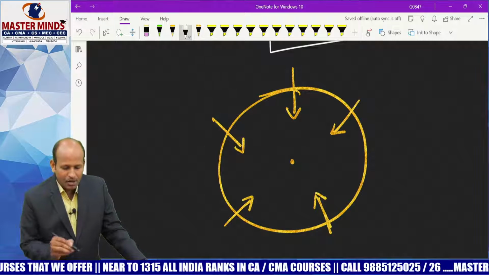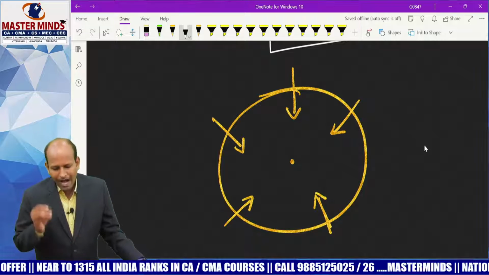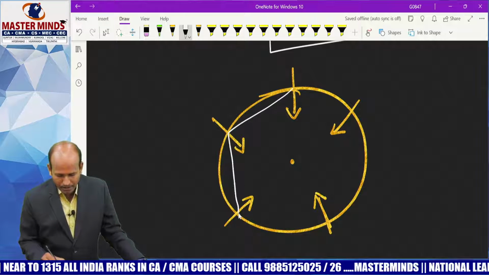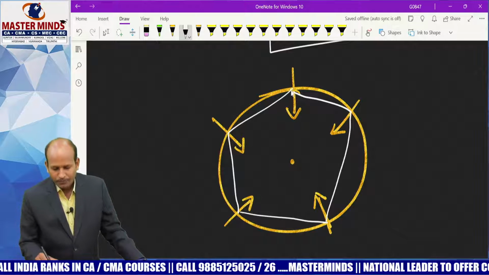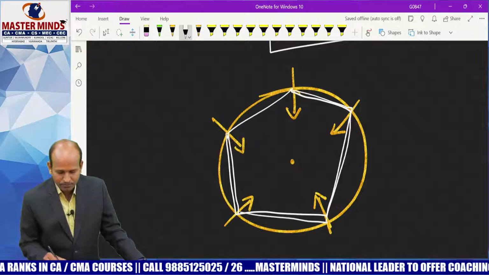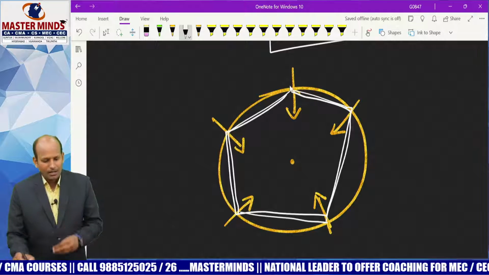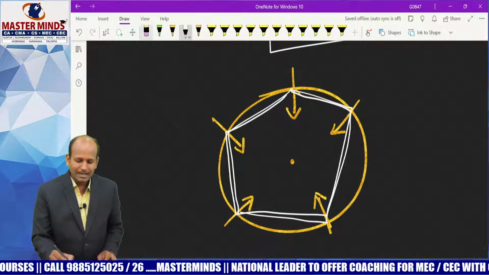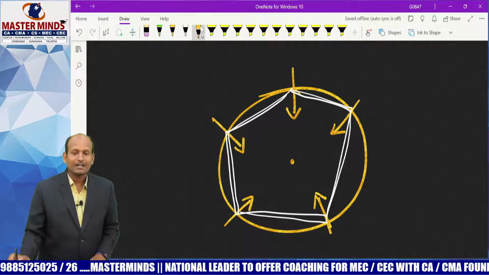So the diagram is not important. Even all these polygons you can represent with a circle. Otherwise you can connect all these 5 places, then you have a pentagon also. If you want a pentagon, you can connect. Otherwise, no need. Just 5 persons in the circle is enough. So we can represent any polygon with the circle itself.